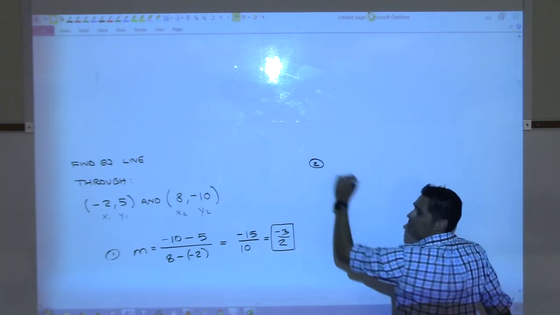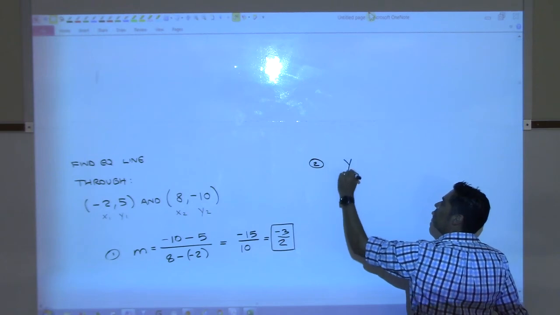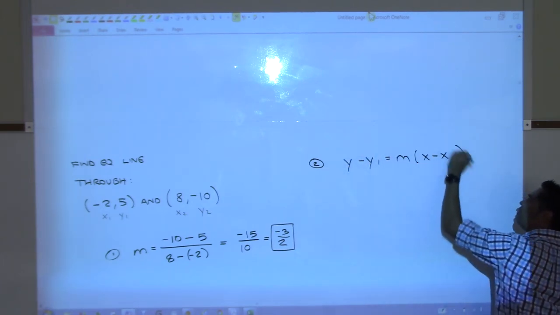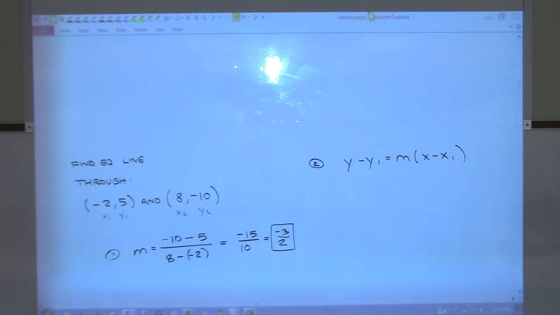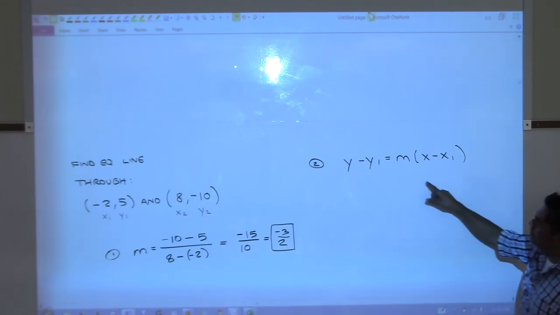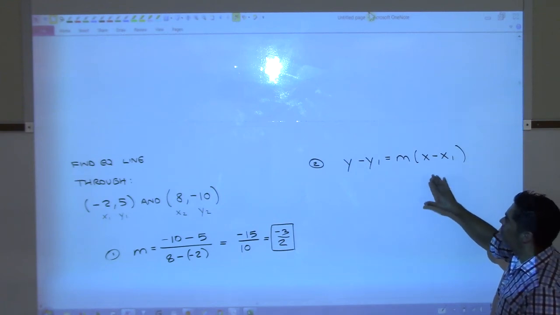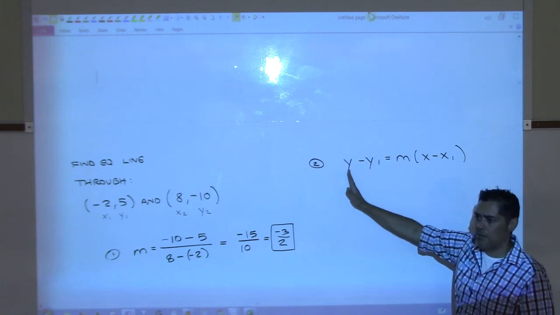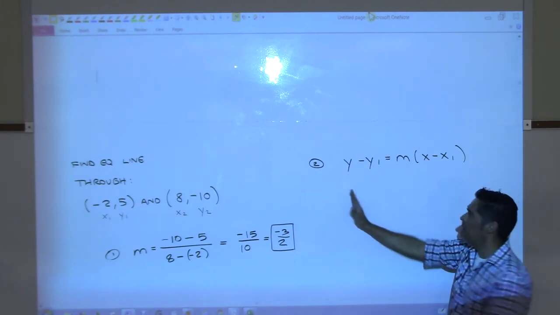Second step, right? Use the formula: y minus y1 equals m times x minus x1. That's in parentheses. So help me fill this in now. What am I going to write in here? I heard you say -3 over 2, so let's write this out from left to right. First, y, that just stays y.